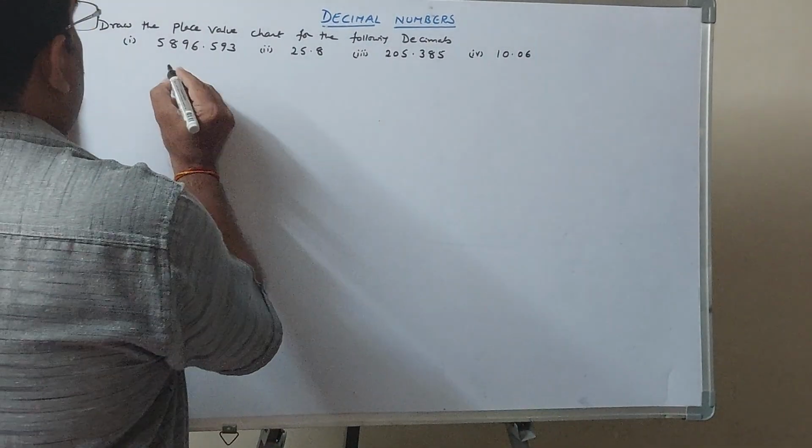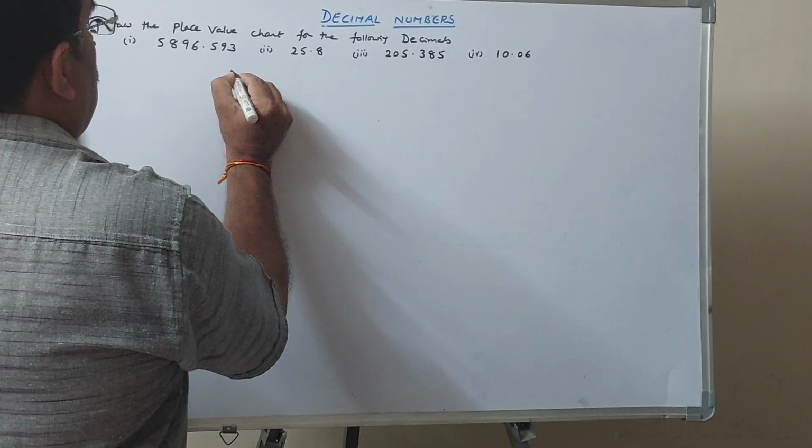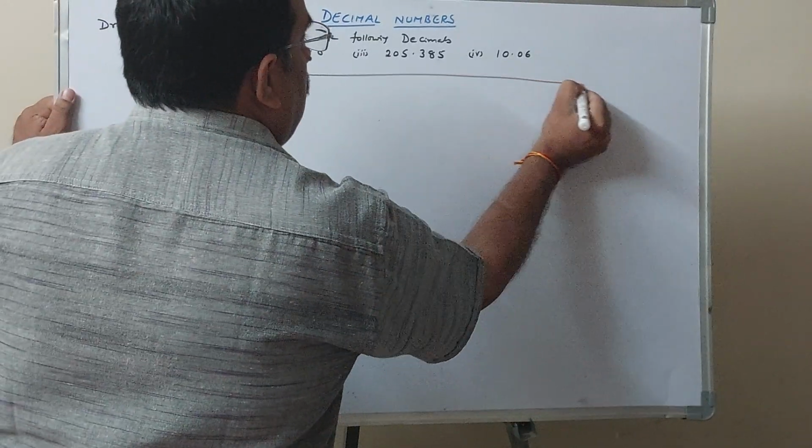So here you see ones, tens, hundreds, thousands, the max is thousands. So draw the place value chart.